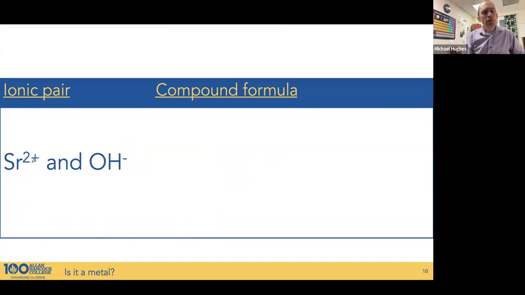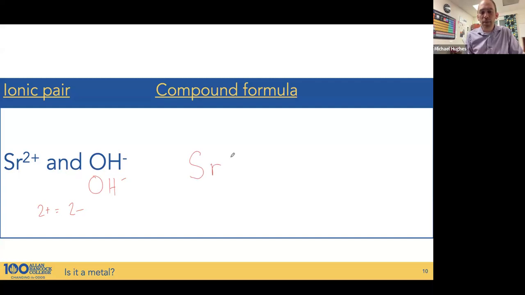Okay, Sr2 plus and OH minus. So we have a 2 plus for our strontium. So we're going to need 2 minus over here. We have 1 minus for each hydroxide. So we'll need a second hydroxide, 2 of them. So we have our 2 plus and our 2 minus.